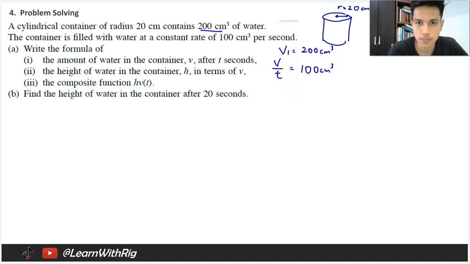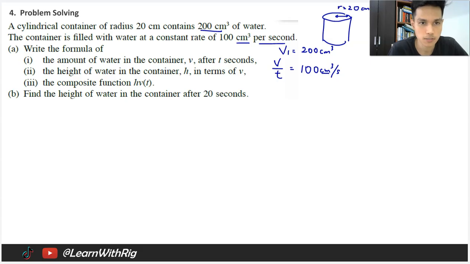Because you notice that it says cm cube per second. Cm cube means volume, per means divide, second means time, right? So they're actually giving you the hint. They're telling you what the formula is like. So V over T equals 100 cm cube per second.